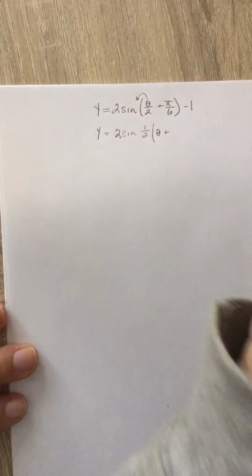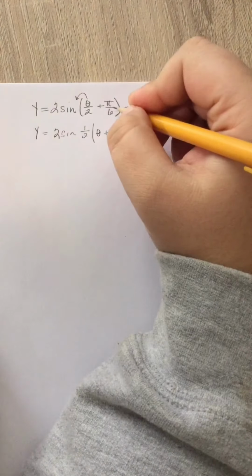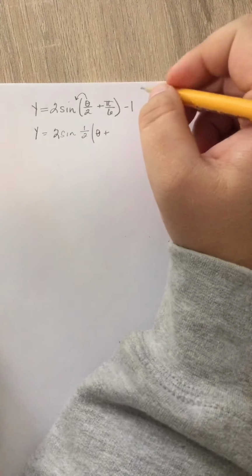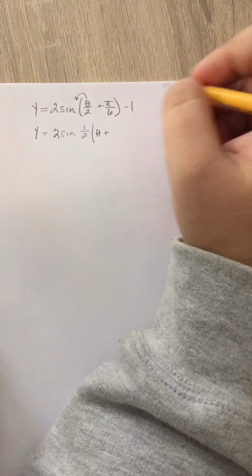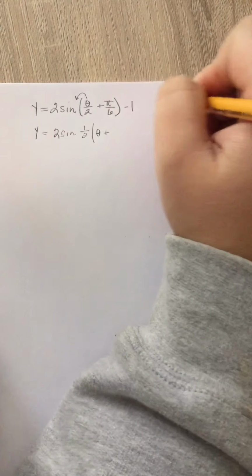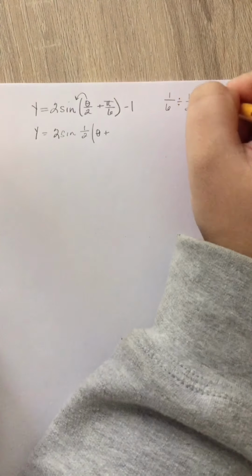Now you're going to have to do a lot of fractions, because the coefficient of pi over 6 is technically 1 over 6, right? So if you take 1/2 out of 1/6, you're technically dividing. So 1/6 divided by 1/2 becomes 1 over 6 times 2 over 1.